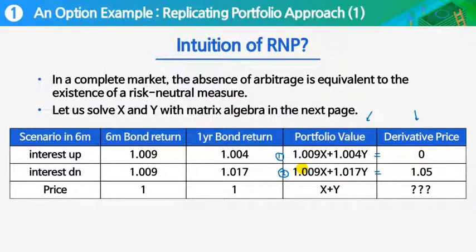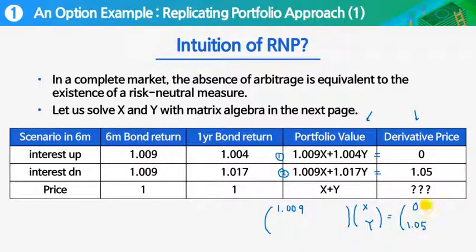So the easy way to solve this one is you can set up matrices such that 1.009 and then you have X, Y equal to 0, 1.05.